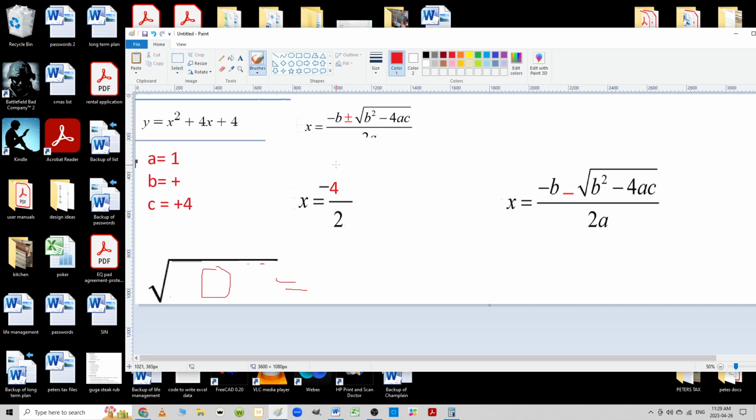What's negative 4 divided by 2? It's minus 2. If I go over here and do it again, it will become the same thing because the discriminant is 0. So it doesn't matter if I add or subtract it. I get minus 4 over 2 again, which is minus 2. And that's because there's only one root when the discriminant is 0.